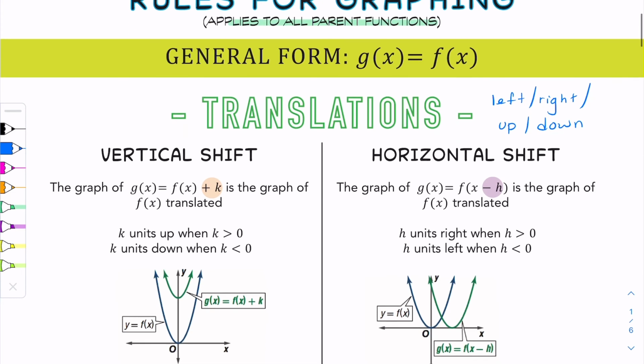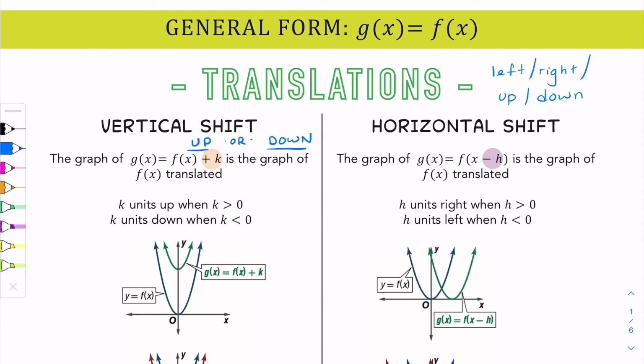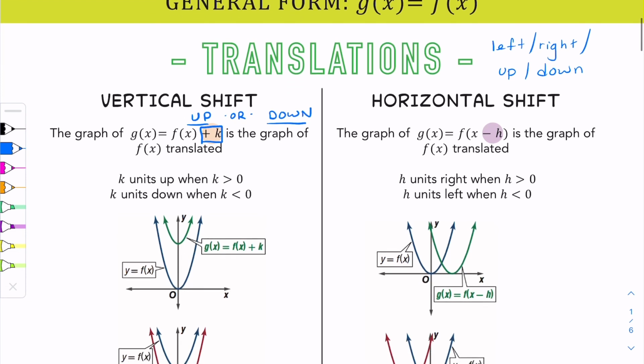First, we'll talk about a vertical shift, and vertical shifts are specifically going up or down. And a vertical shift is identified in the function when you have a k value. All right, if we use a quadratic function, that's actually what's graphed right here.